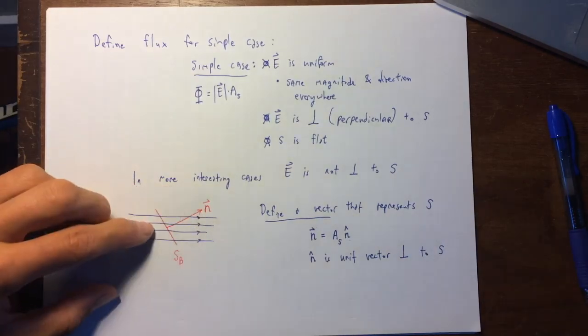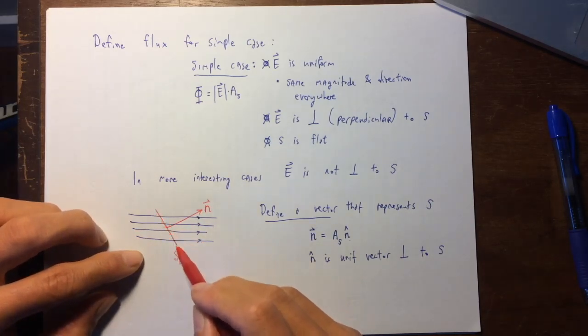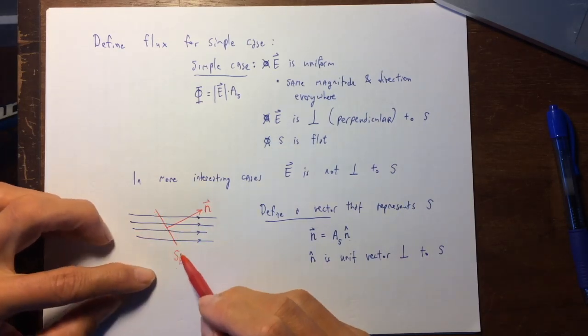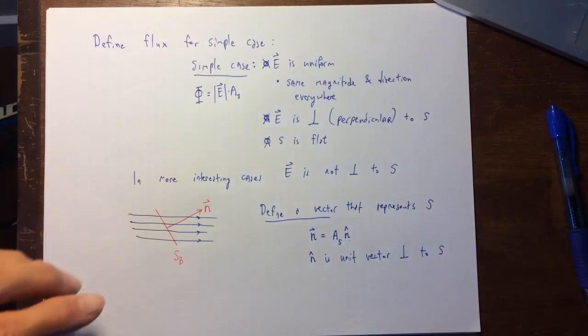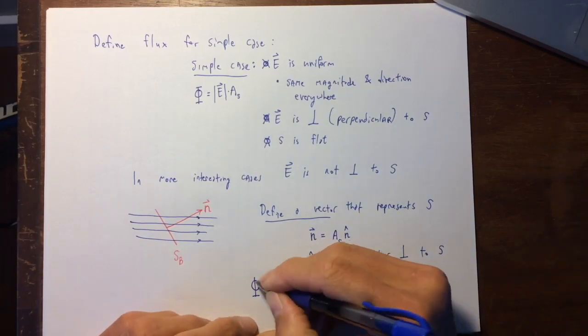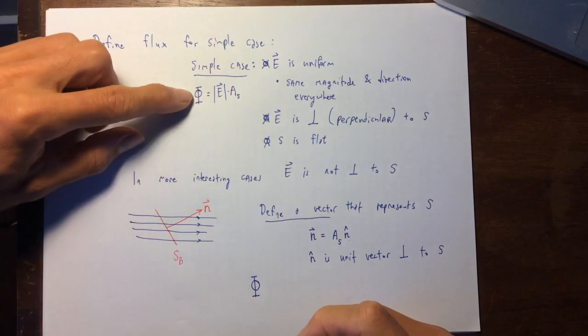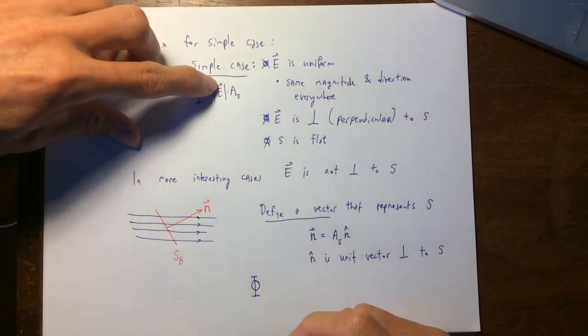So here it is, right? The length of the vector is just the area of the flat surface that is S. So it's area times the unit vector that points perpendicular to S. And the flux, in this slightly more complicated case, is not just E times A, where everything is magnitudes.